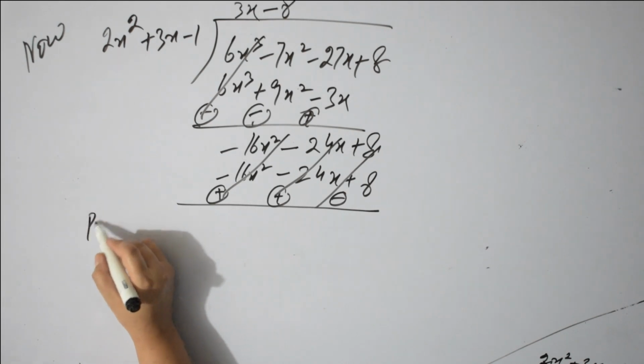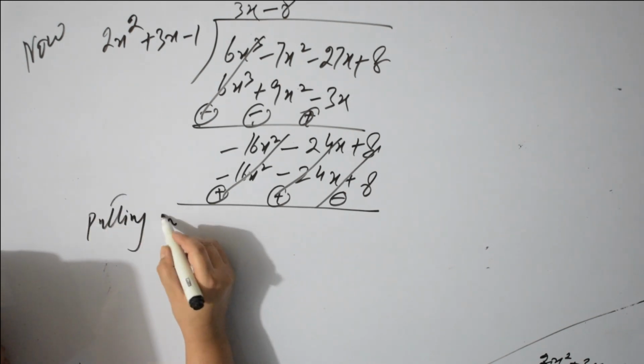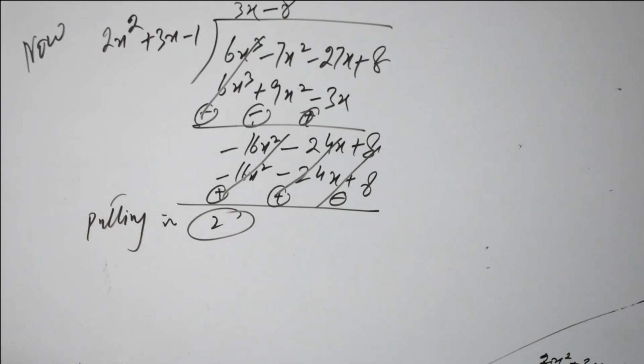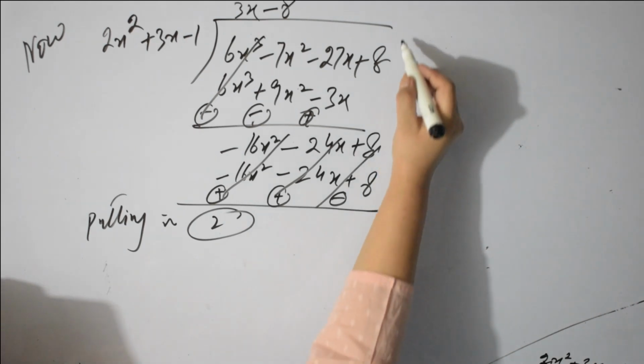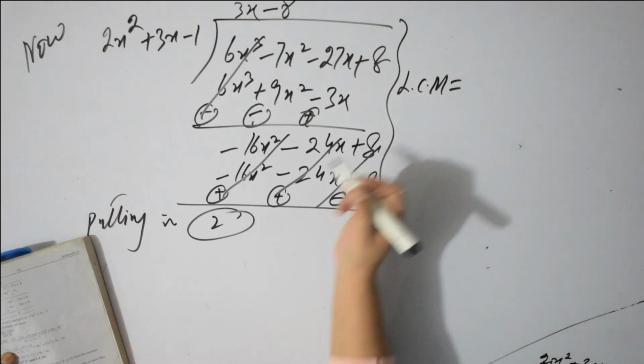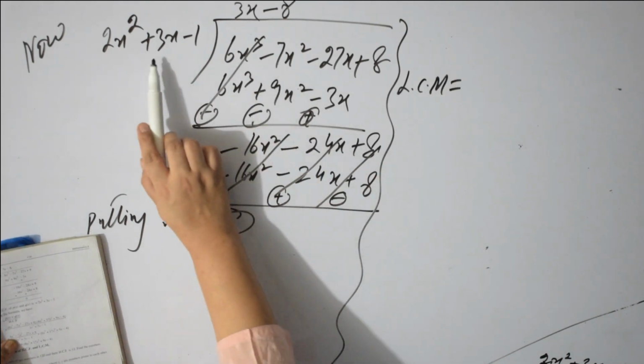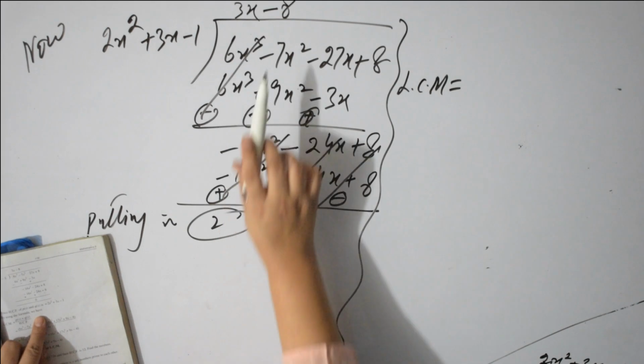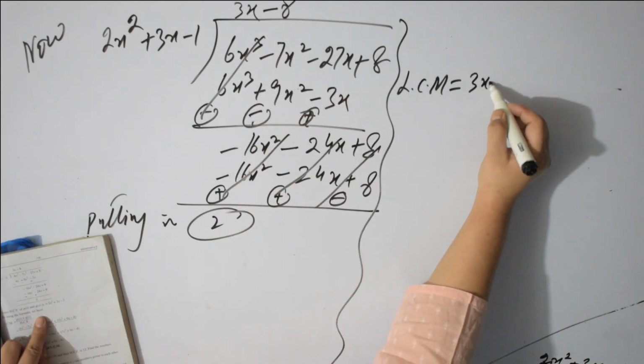Putting in equation number 2. What was equation number 2? Therefore LCM is equals to, when I divide this by this, my answer is this one, 3x minus 8.